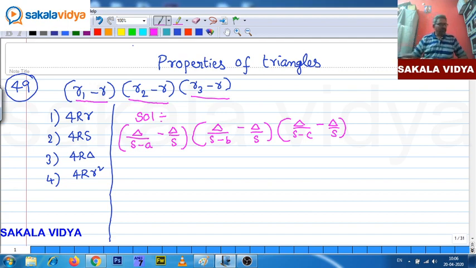Now this equals, take out delta common, you will be getting delta cube common.